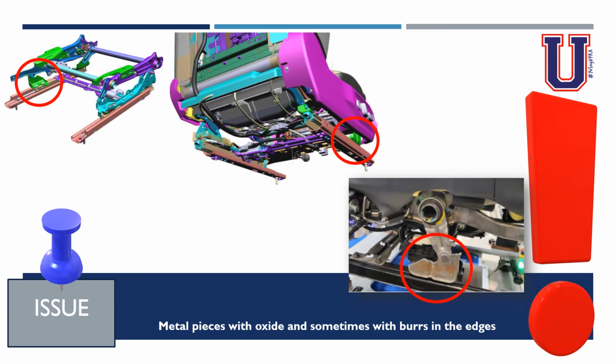As you can see in the pictures, the first picture is the drawing of the finished good. The second picture is the same but from another angle. And the third one is the problem: the rusty pieces.